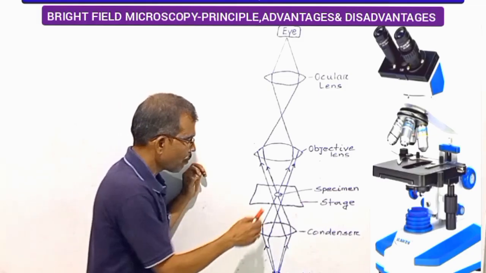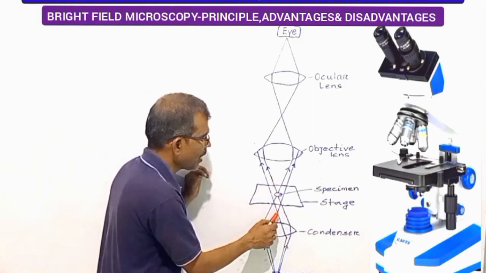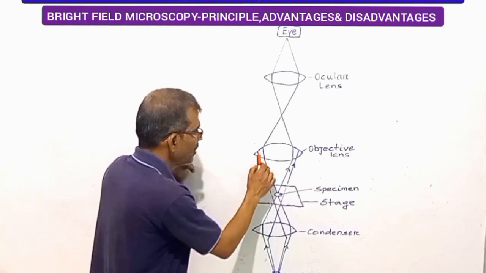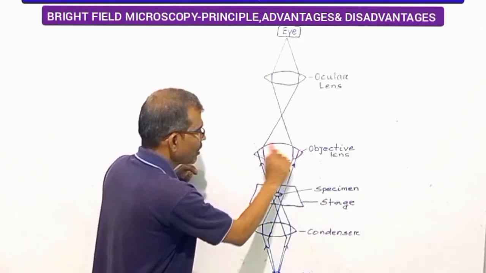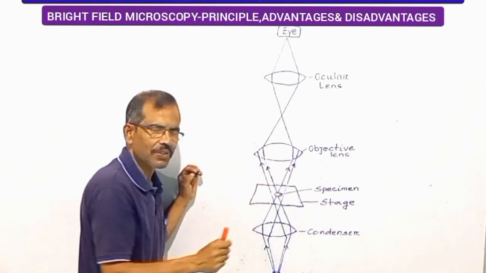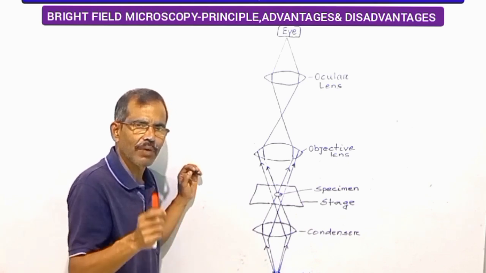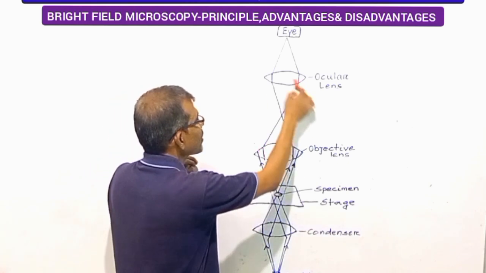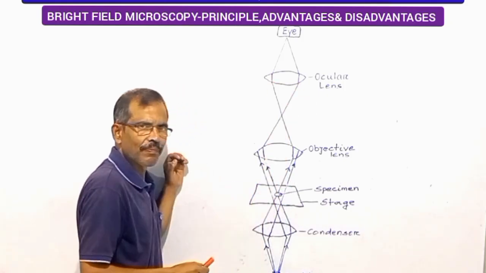Then the light passing through the specimen and passing directly through the surrounding is collected by the objective lens, which forms the real magnified inverted image, which is used as an object by the ocular lens.